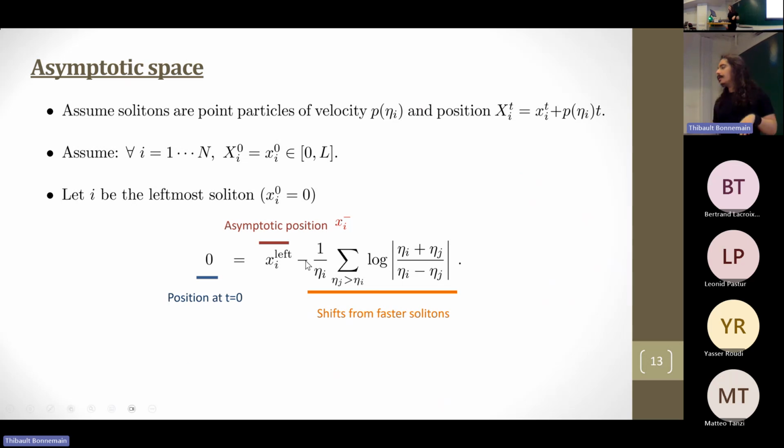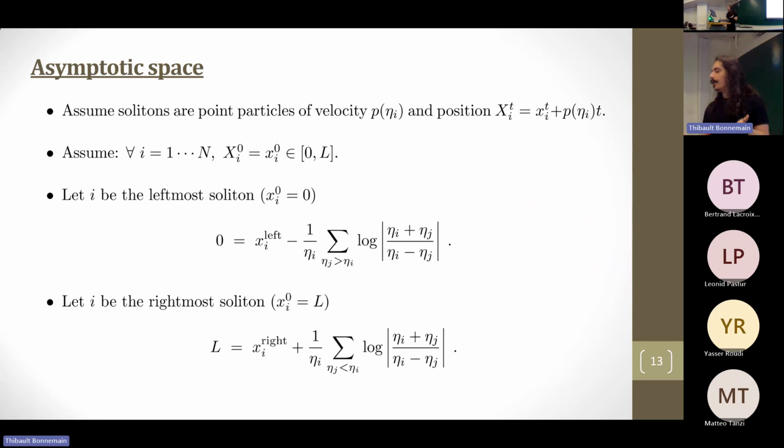And here there's a minus because, as I told you earlier, slower solitons are shifted backward. Now, also assume instead that it is the rightmost and not the leftmost, and I can carry out a similar reasoning and say that its position is its impact parameter plus all the shifts from slower solitons, which are positive this time.